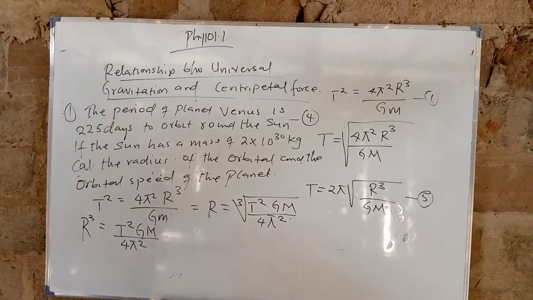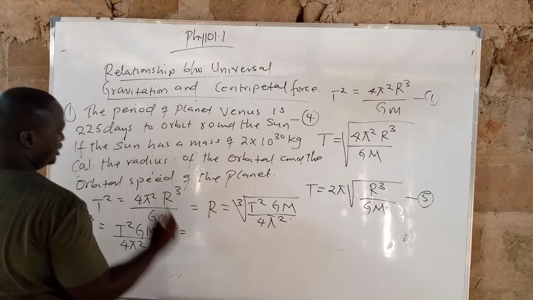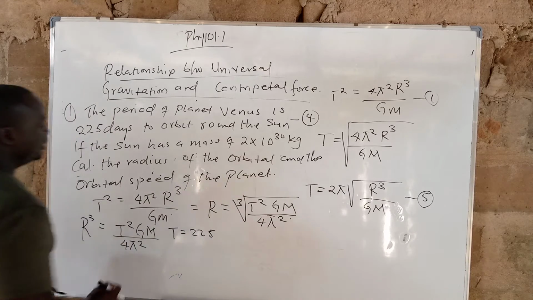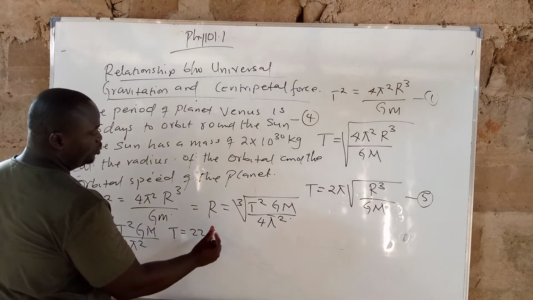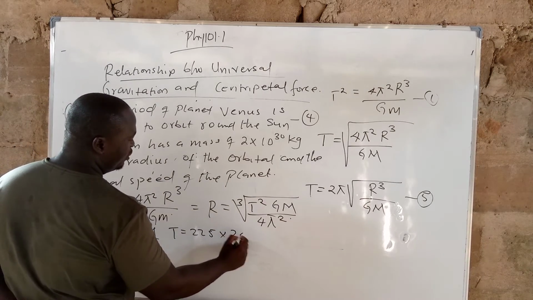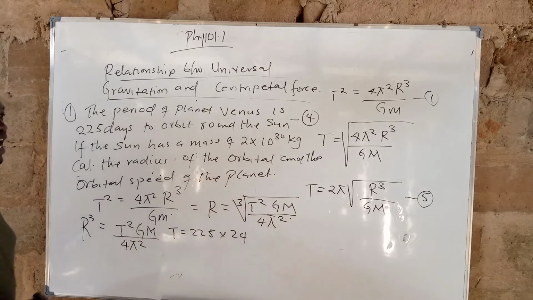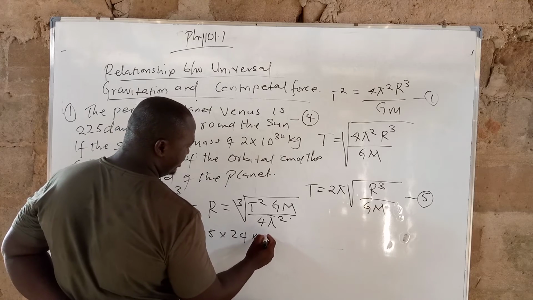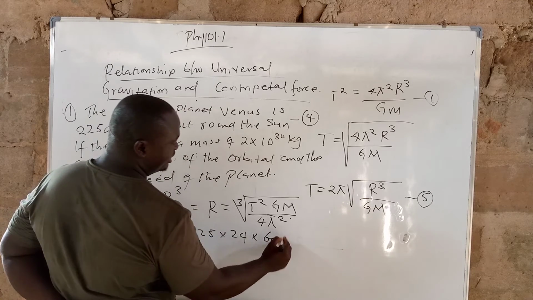Now, we want to calculate t because we do not know its value in seconds. The t is in days and we have to convert it to seconds. In 1 day we have 24 hours, in 1 hour we have 60 minutes, and in 1 minute we have 60 seconds.